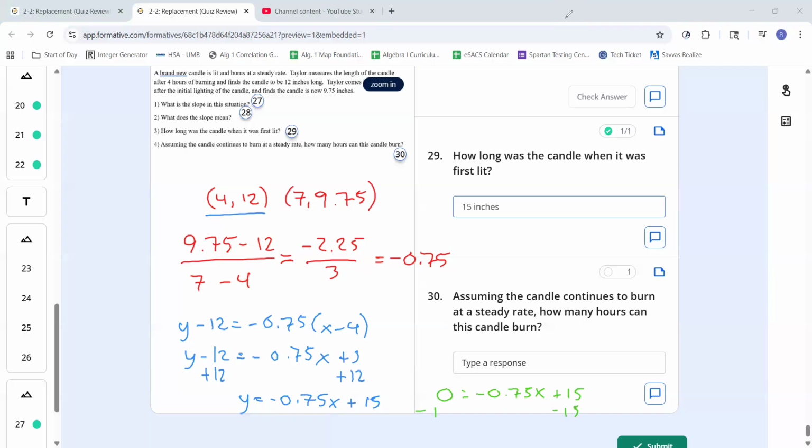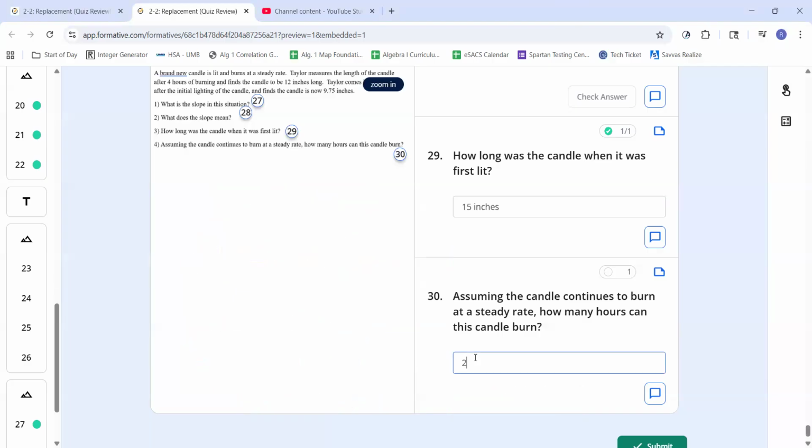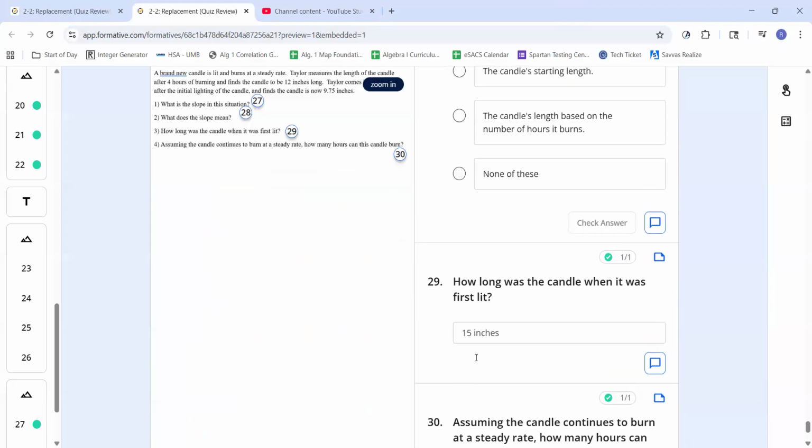So subtract 15. I get negative 15 divided by negative 0.75. If you divide those, you should get 20. Okay, so you would say 20 what? 20 hours. So it can burn for 20 hours.